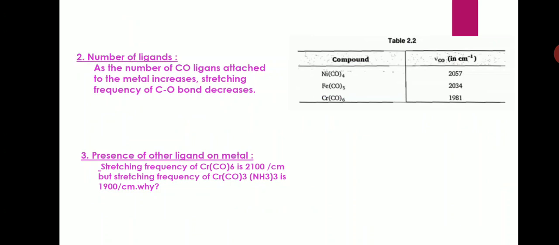In the complex Cr(CO)6, the back-donated electron density is spread among 6 CO ligands. Because of this difference, the CO bond stretching frequency in Cr(CO)6 is obtained at 2100 cm⁻¹, whereas in Cr(CO)3(NH3)3 it is obtained at 1900 cm⁻¹.